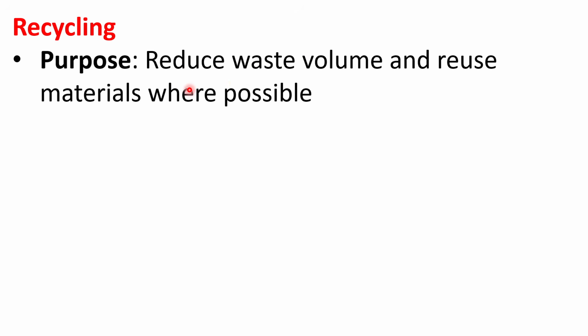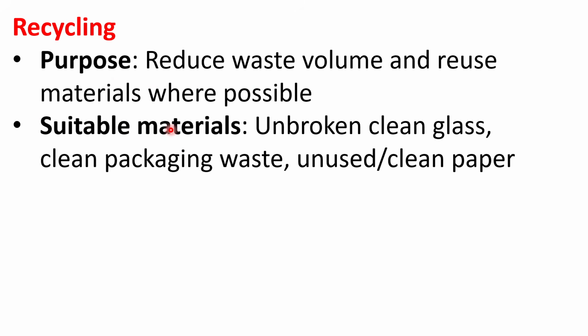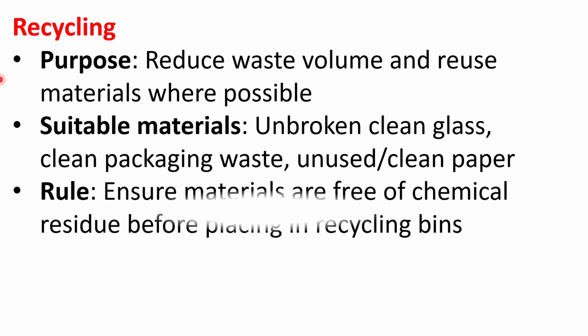For example, plastics and metals can be converted into other things by a process called recycling. So recycling is suitable for unbroken clean glass, clean packaging waste, unused or clean paper. All these can be disposed of using the recycling method.